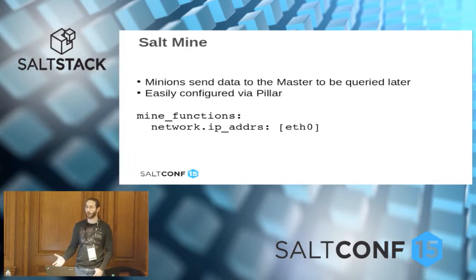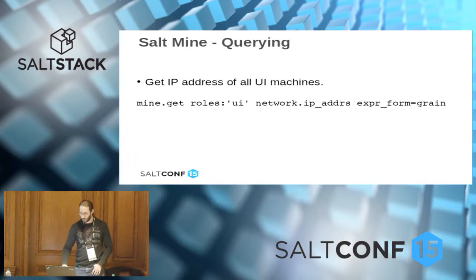And what that gets you is that any minion in your deployment can reach back into the SaltMine and target it, just like you can on the command line. Give me just the IP addresses of all the UI servers, all the app servers, or just the IP addresses of the Mongo machines. So this is, again, the flexibility and the power of something like Salt combined with a cloud infrastructure.